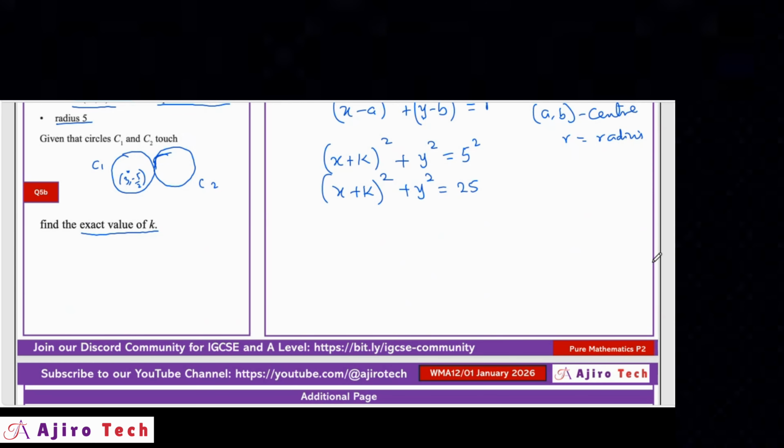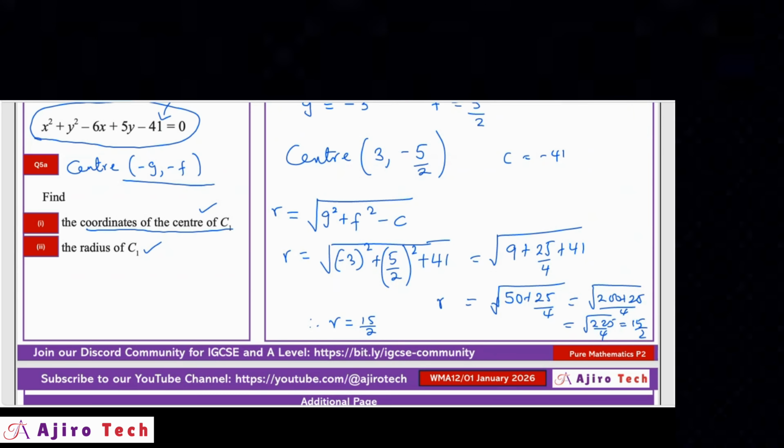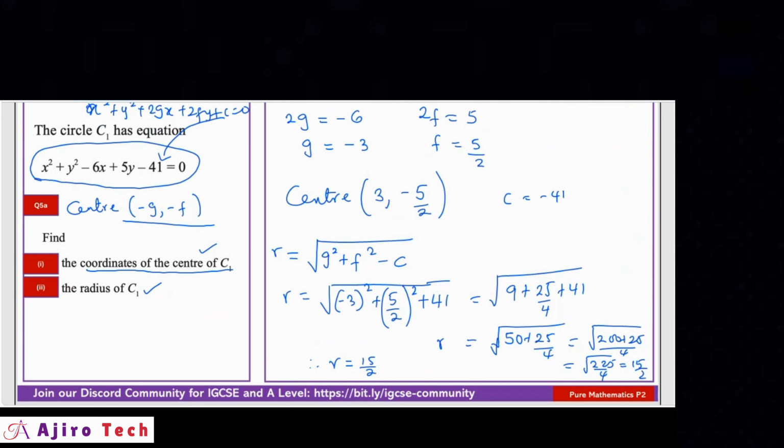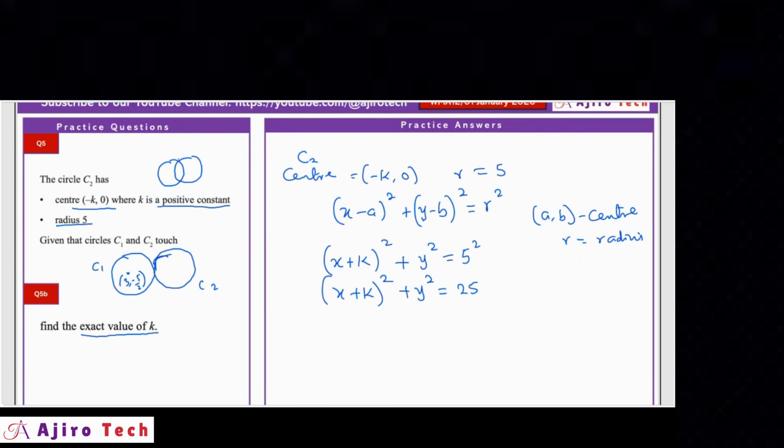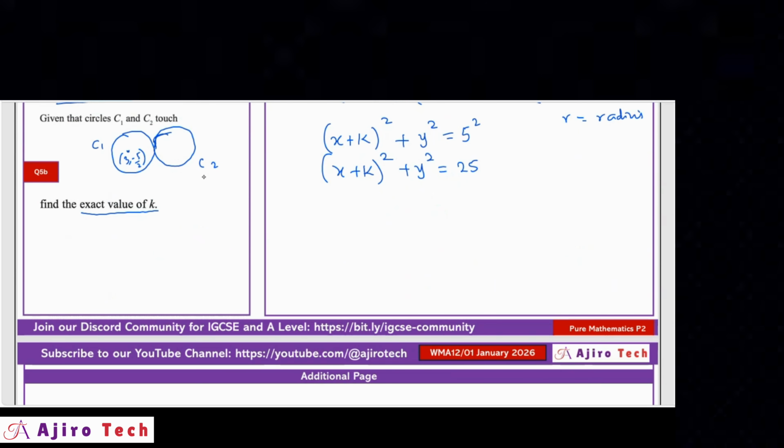Is it 3 or minus 3? Can we check that? Okay, the center is (3, -5/2). Good. Then the center of C2 is (-k, 0). We are just taking this as a model.